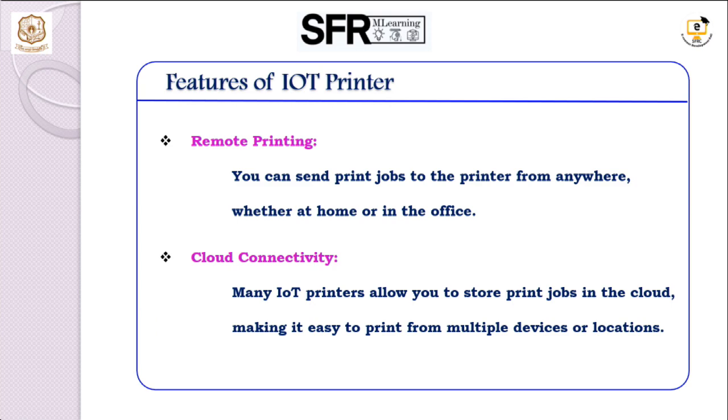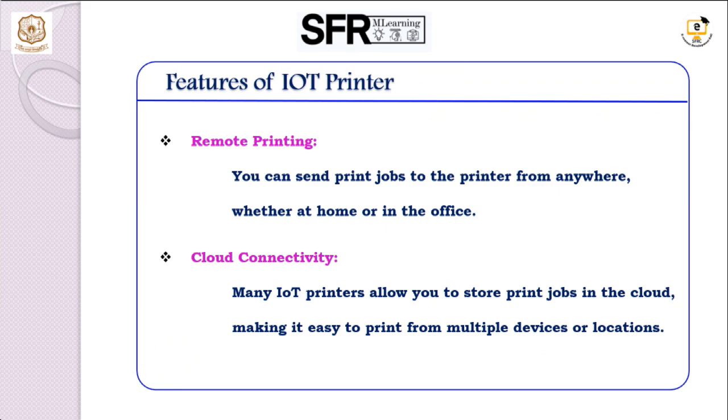If you take the normal printer, it is not possible to store the print jobs. In case of IOT printer, we can store the print jobs and take the data whenever we need it. A better example for this is we can have an IOT printer at our home and give the print command from our office. So the print will happen independent of where we are.